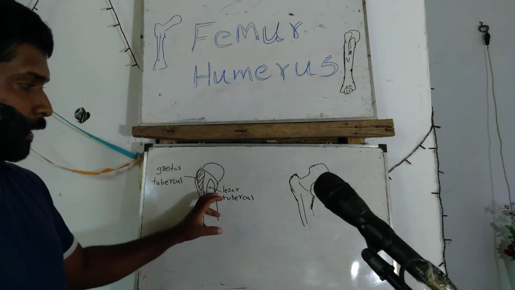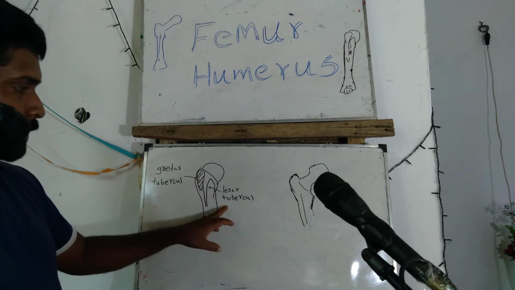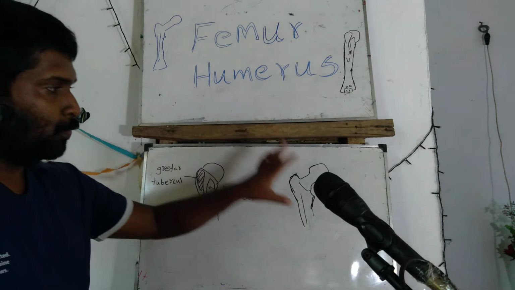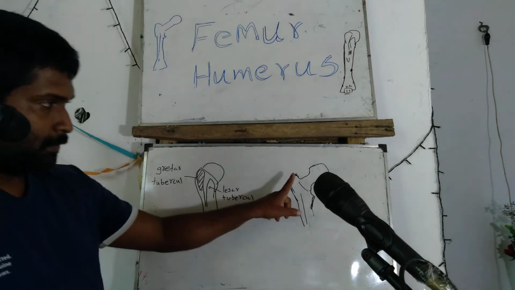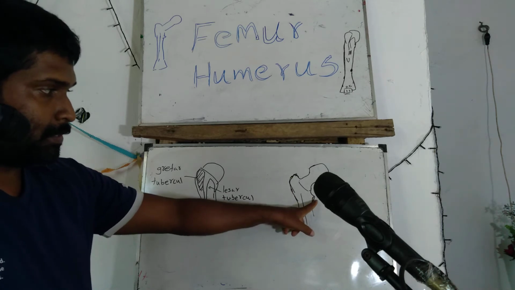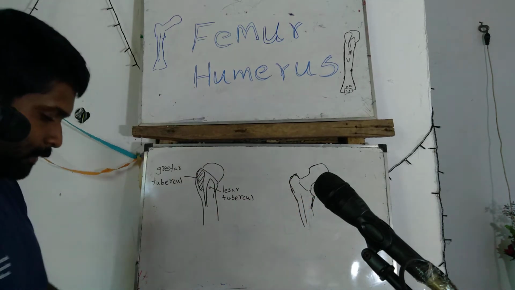Now we have this idea: greater tubercle and lesser tubercle in the humerus. In the femur head, there is the greater trochanter and this is the lesser trochanter.